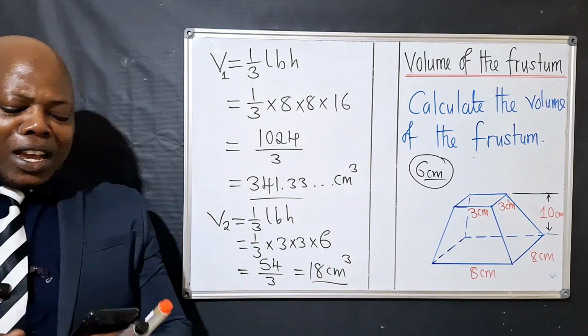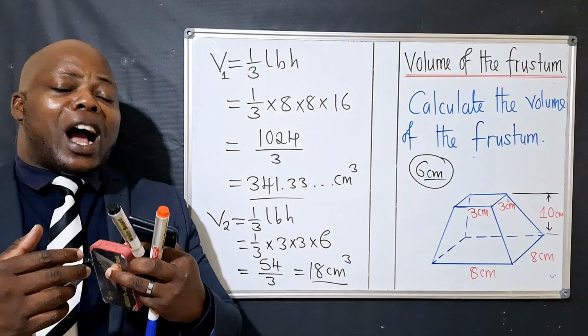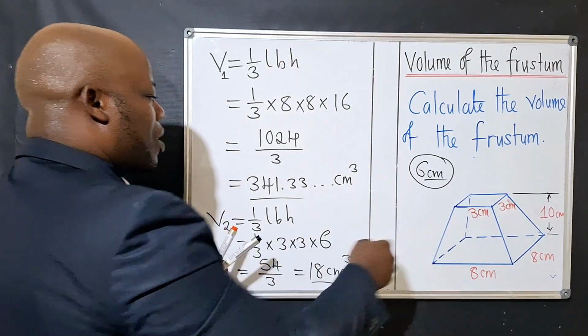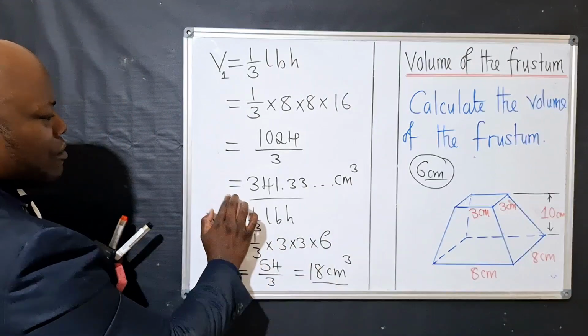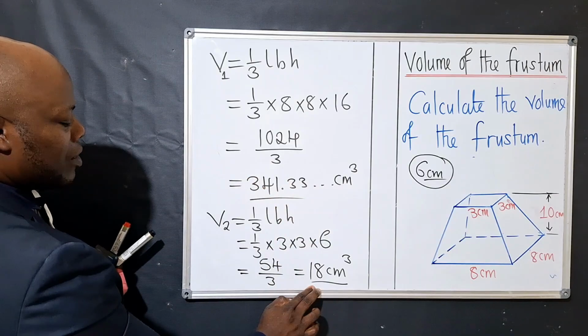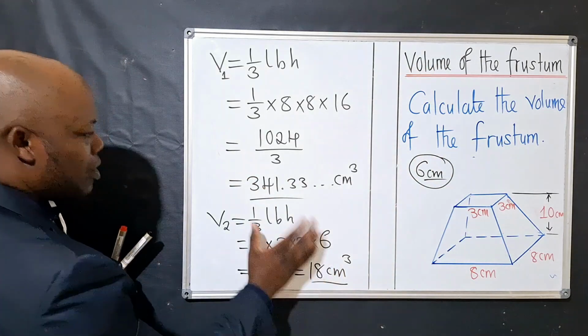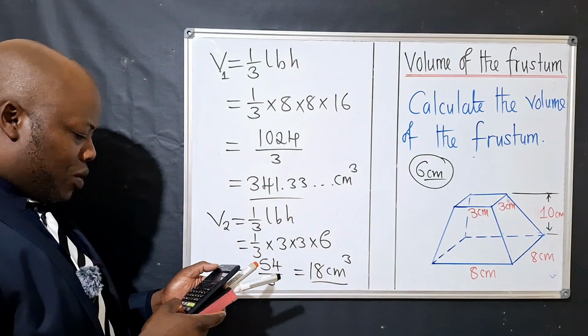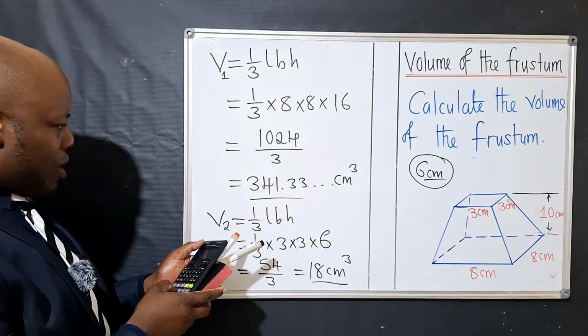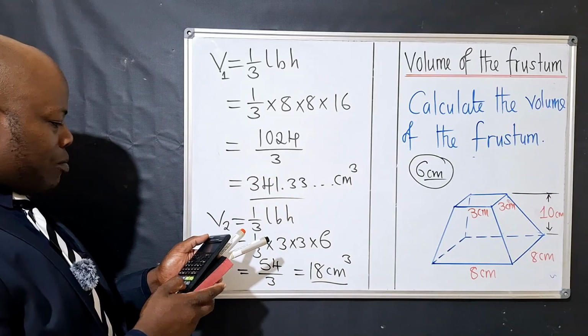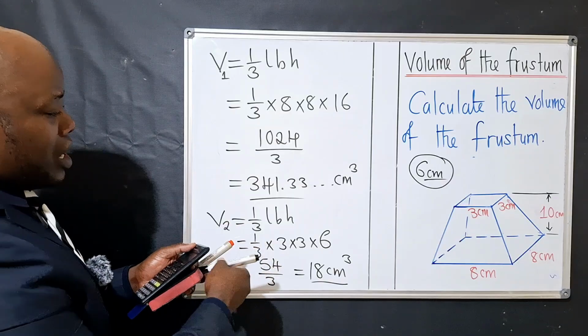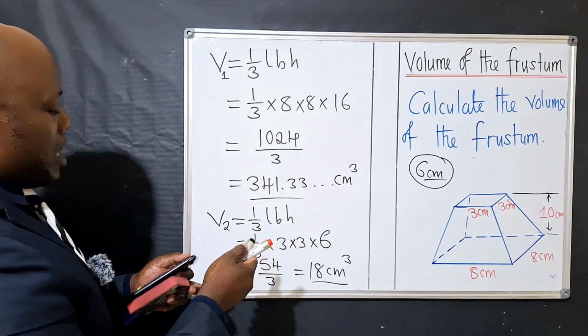So now, to find my actual volume for this frustum, I'll just say volume 1 minus this. So this is the volume of what has been cut. So I'll subtract this from the actual volume. Let me write it here.